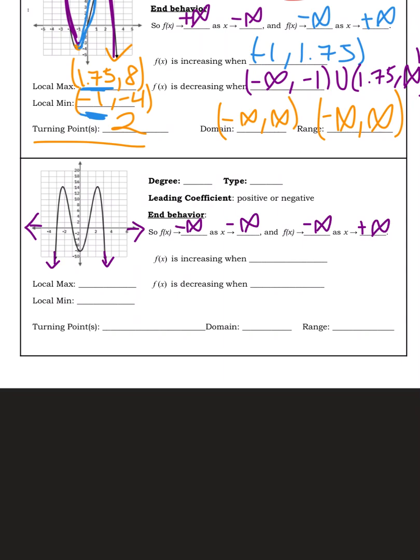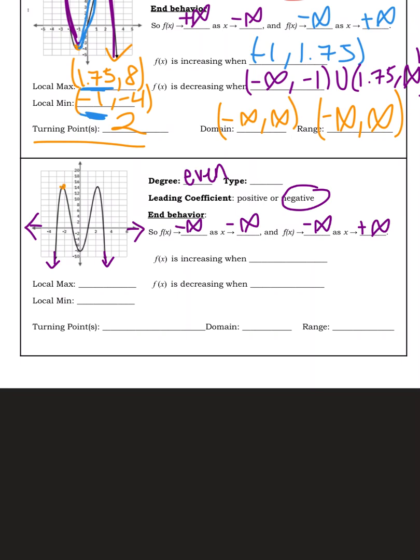And whenever we have that scenario, we know our degree is going to be even. And we're going to come back to the type. We know our leading coefficient is going to be negative because everything is just being dragged down right now. Okay, so a couple ways I can find out my degree type.